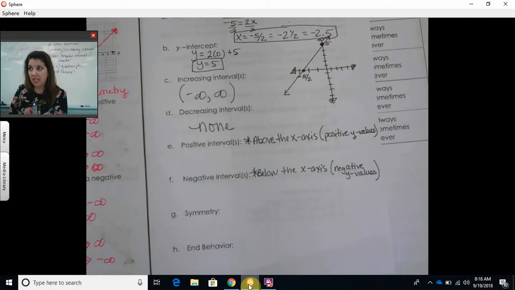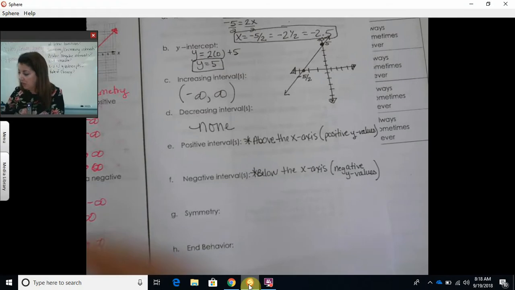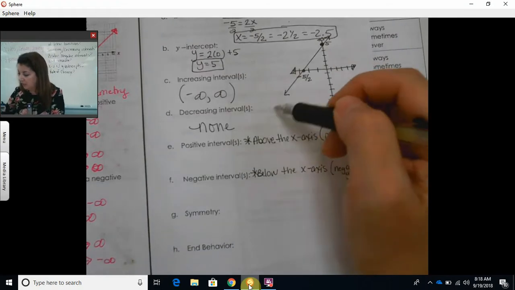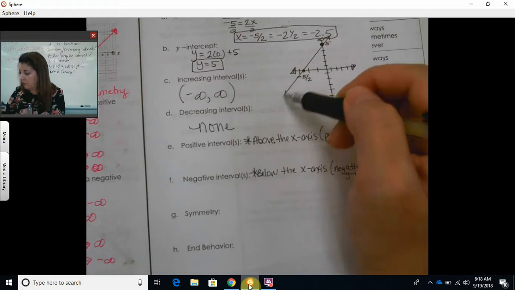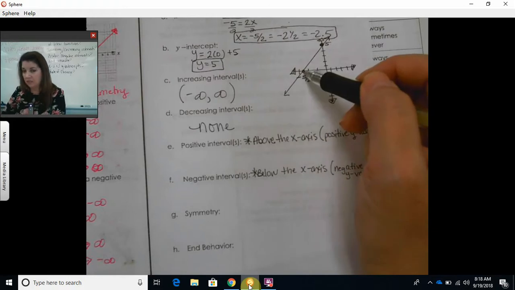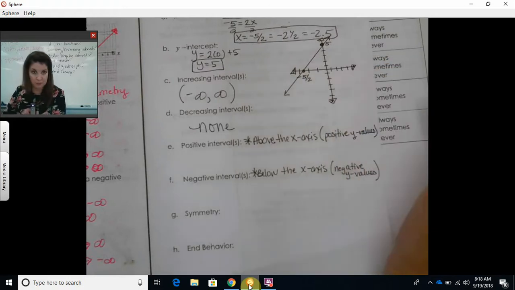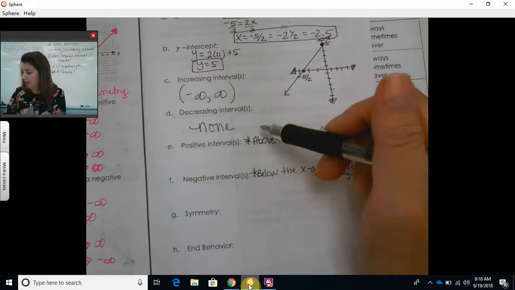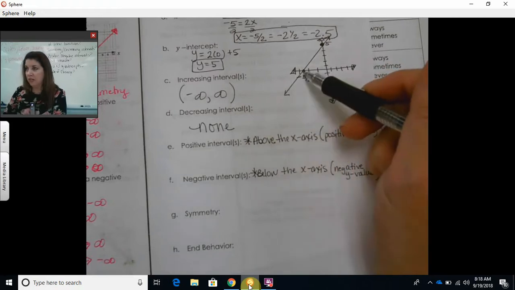So in interval notation, we're describing our x values from left to right. So from here to here, from negative infinity all the way to negative 5.5, would that be a positive interval or a negative interval? From all the way down here, negative infinity, all the way to this point.